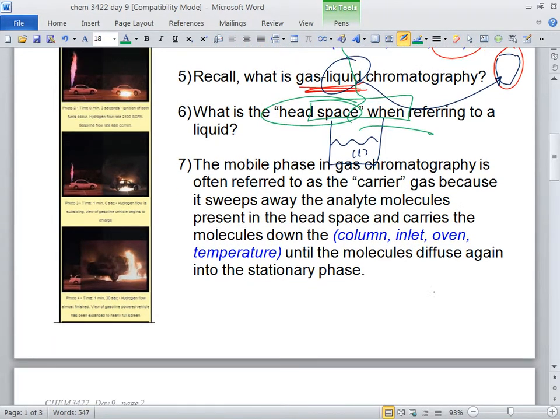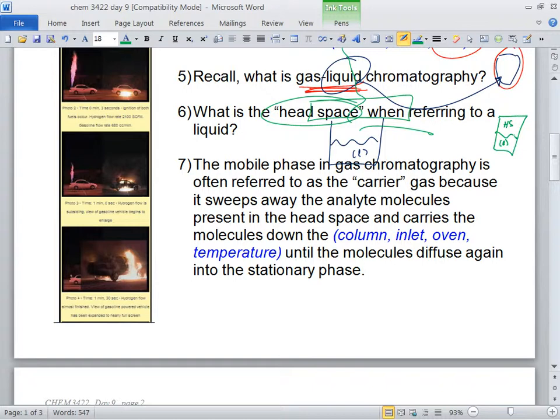Alyssa, the mobile phase in gas chromatography. Does that make sense, what we were talking about? You can't really see the drawing I was trying to draw. Right? You have a liquid. There's the headspace right here. The mobile phase, Alyssa, in gas chromatography is often referred to as a carrier gas because it sweeps away the analyte molecules present in the headspace and carries the molecules down the column until the molecules diffuse again into the stationary phase.